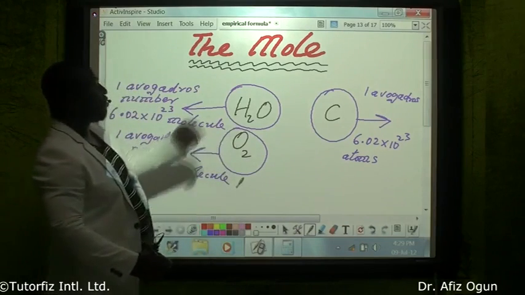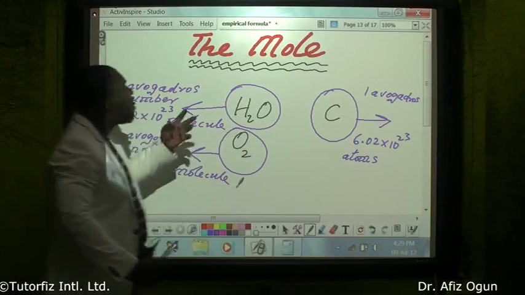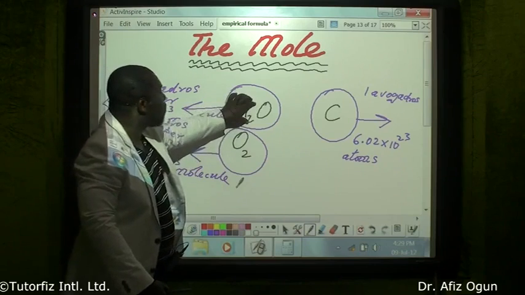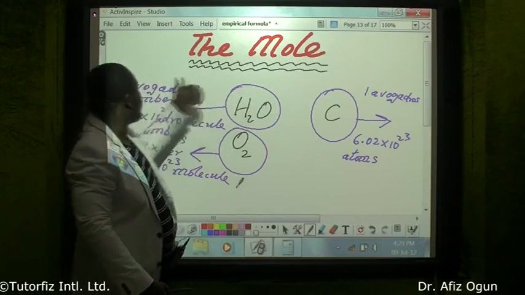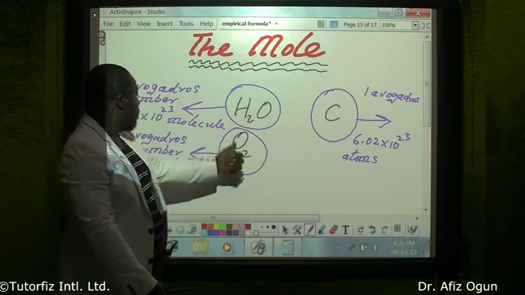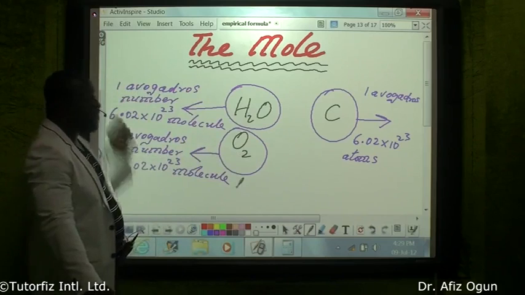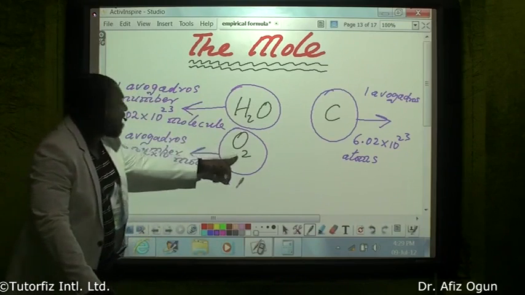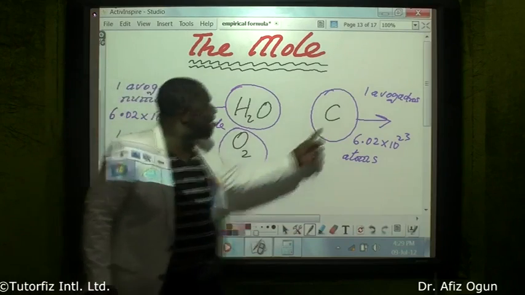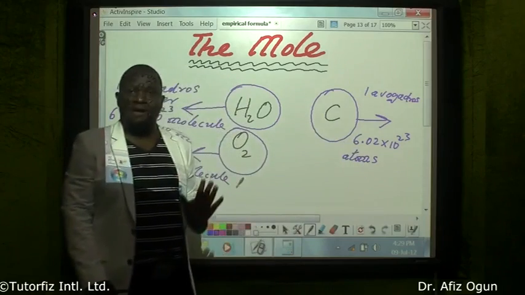So you will now see that how much of oxygen, what mass or what volume of oxygen will contain this is a different thing entirely. What mass of carbon will contain that amount is a different thing entirely.